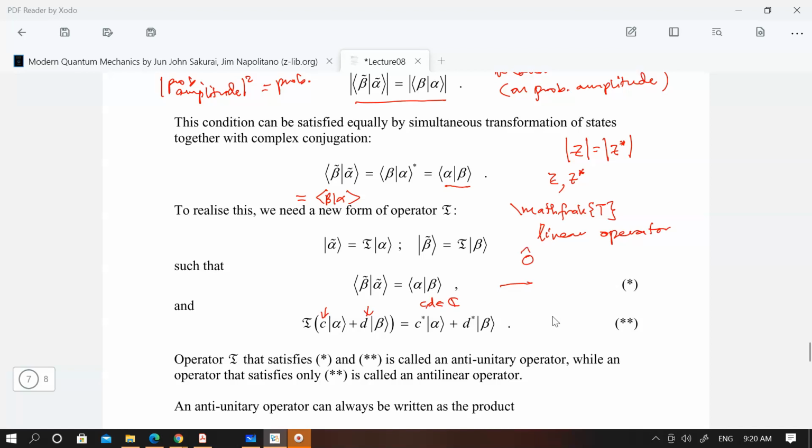Let's say O acting on C1 alpha plus C2 beta.